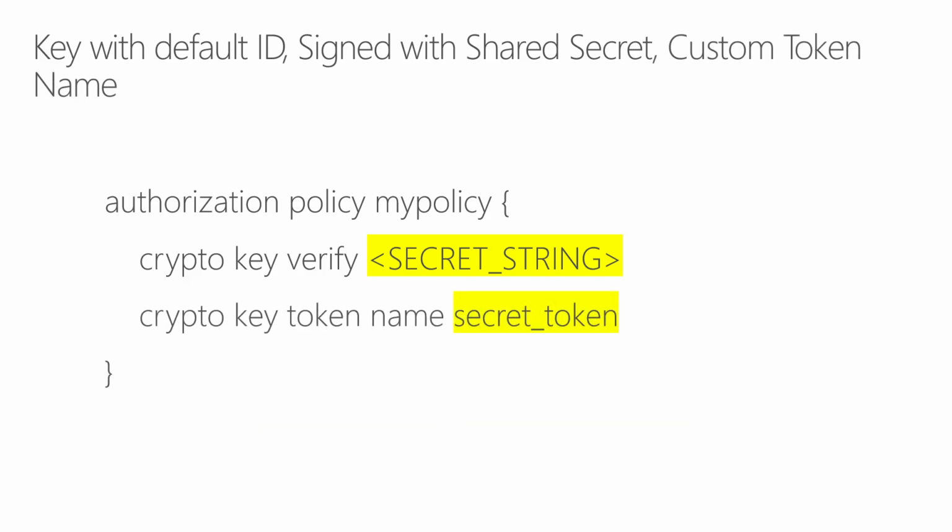Now, if I want to change the name in the discovery of the token, I can specify crypto key token name, and instead of access_token, it will be secret_token. That could be important. Everyone knows about access_token.